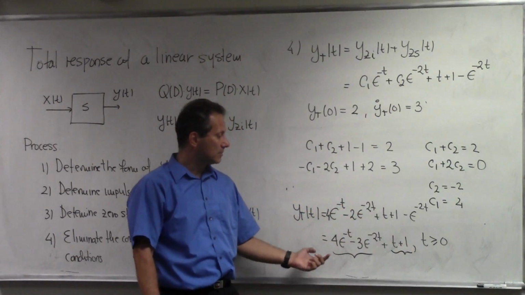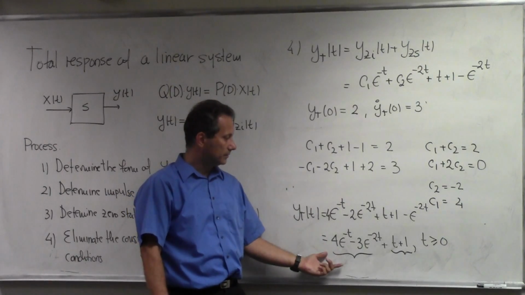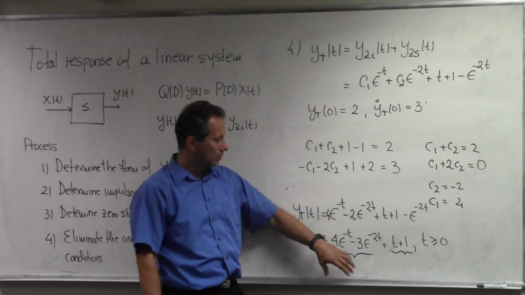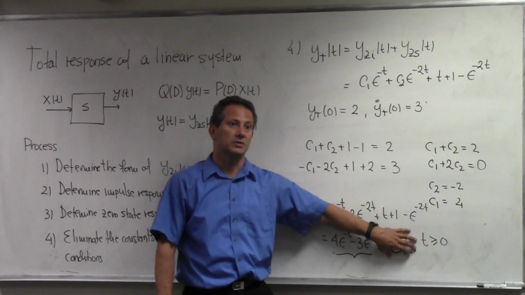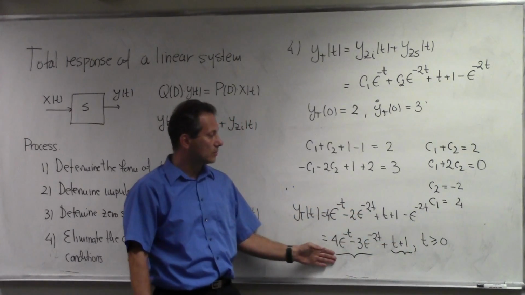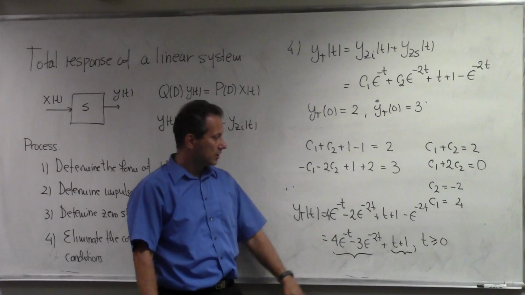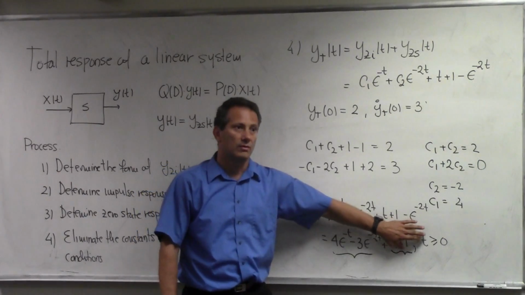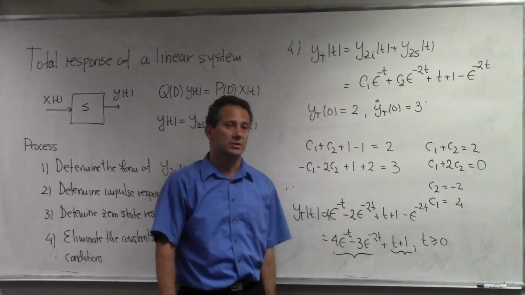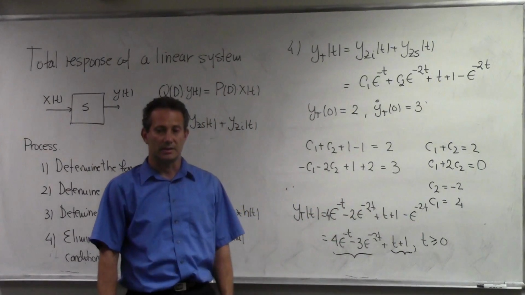But in some books, you will find these to be called transient response and the forced response, or steady state response. And the steady state, after time becomes large, then the transients kind of die, and all you end up with is your steady state response, which is what you have on the right-hand side.